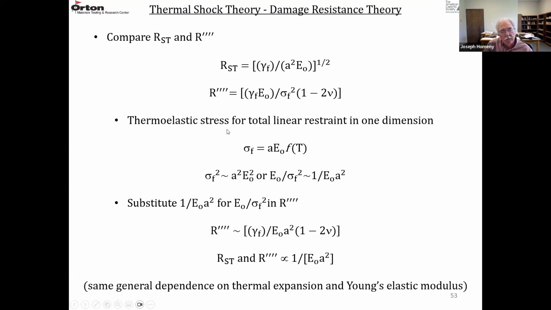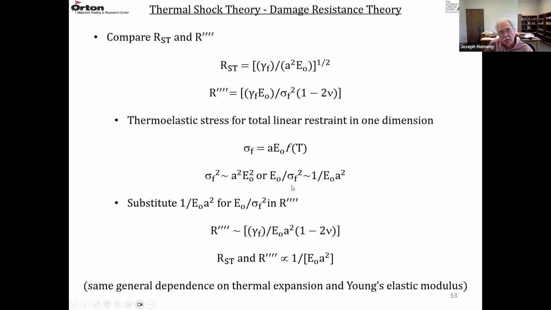Here's our stress for total linear restraint in one dimension. So we can square each side of this equation and get sigma F squared is approximately equal to the thermal expansion coefficient squared and the Young's modulus squared.